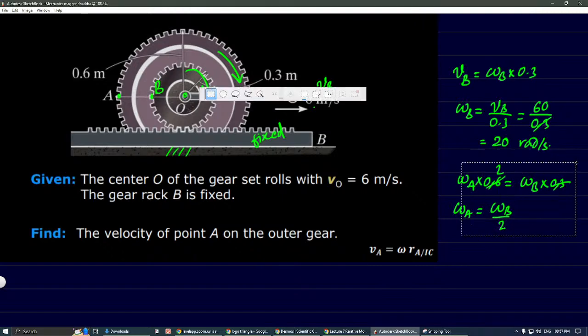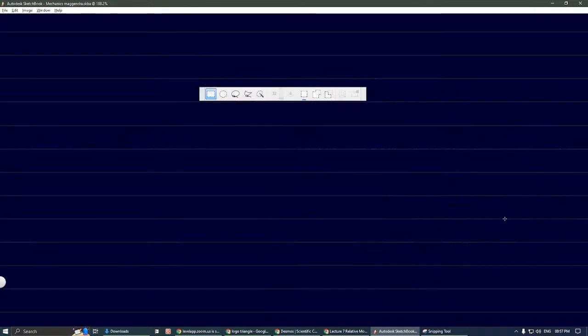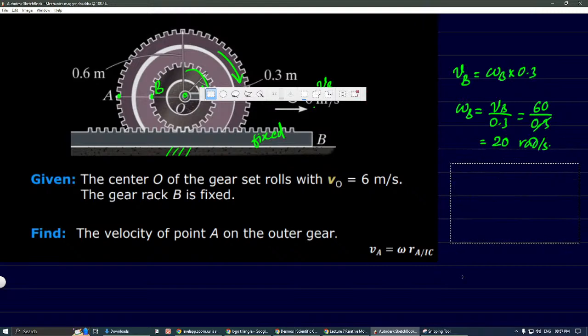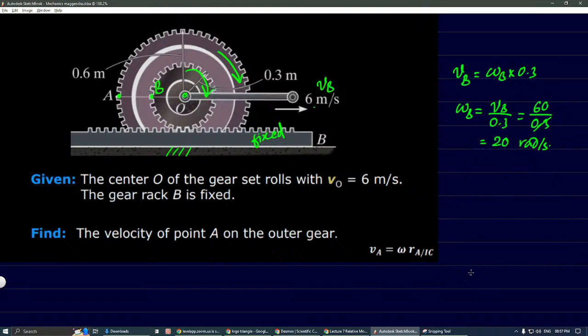Angular velocity of A and B both will be equal now. Linear velocity will be different. Linear velocity at A into its radial distance. Radial distance is 0.6.